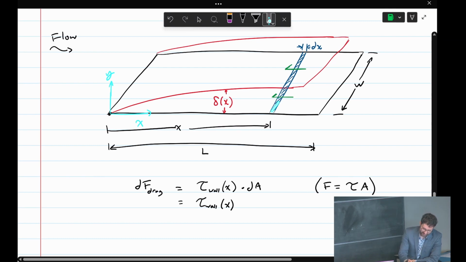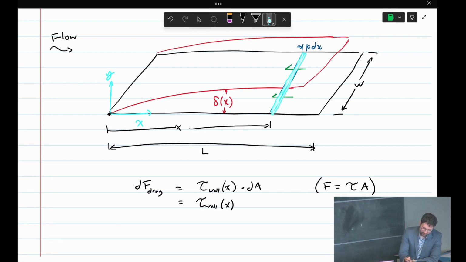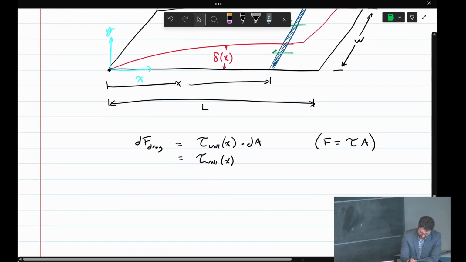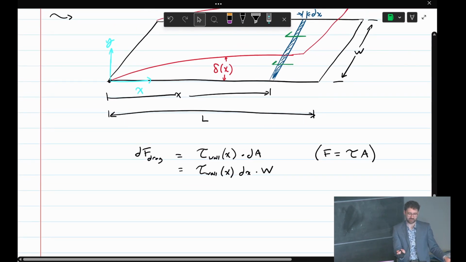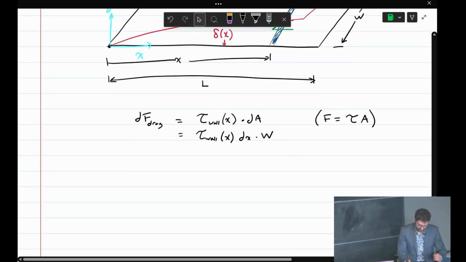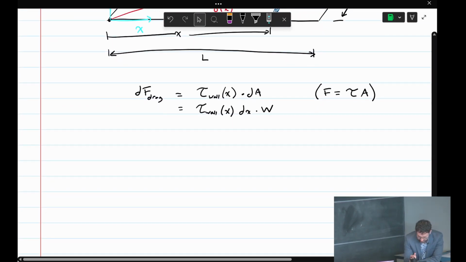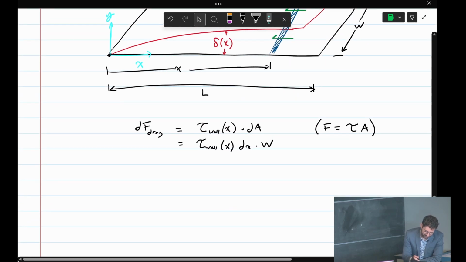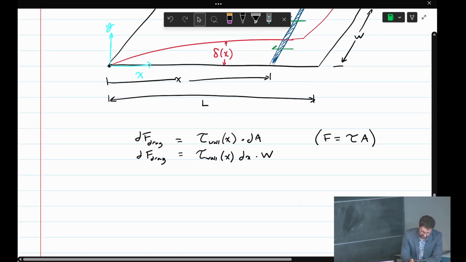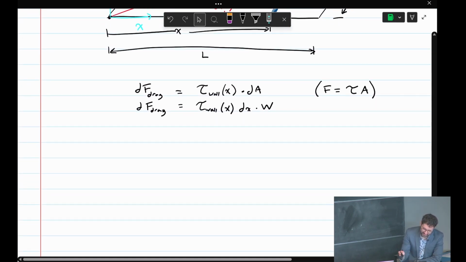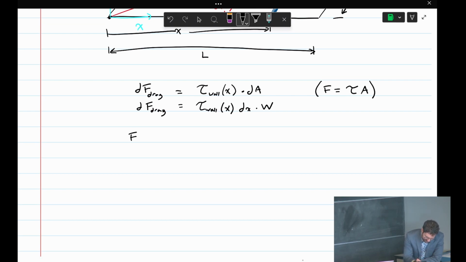See this blue shaded area that I'm highlighting? What is that area? W dX, exactly. It's just a rectangle, W dX. So that's the dF drag on that very small surface. If we integrate this along X, we'll get an expression for the force on this entire plate.